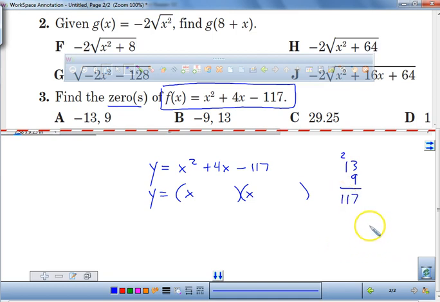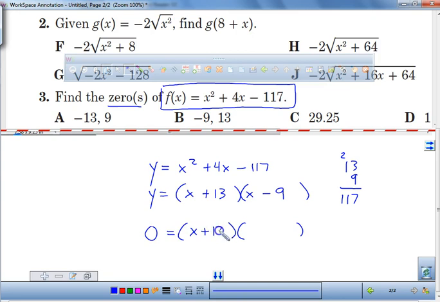Which one would have to be positive? 13. So we're going to put x plus 13, and x minus 9. What's 13 minus 9? 4. What's 13 times negative 9? Negative 117. Now, everybody, we just factored this.